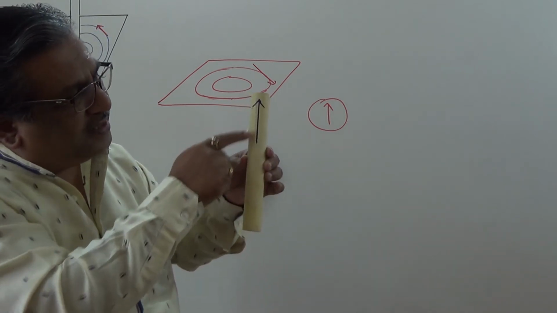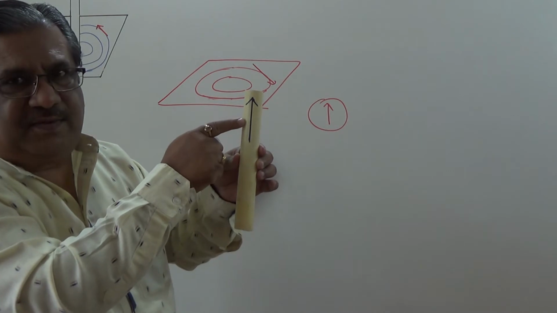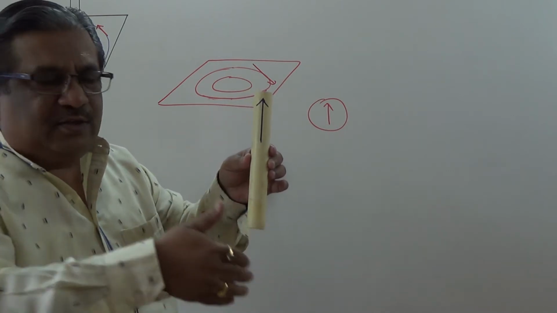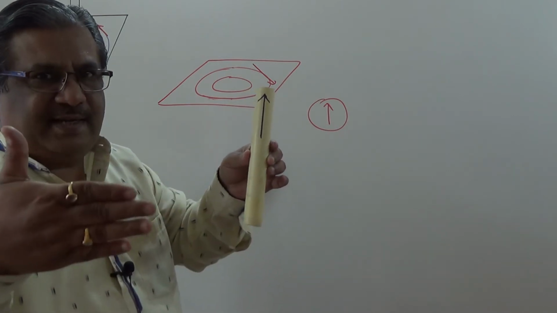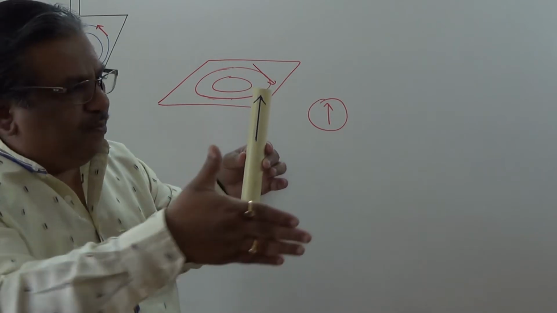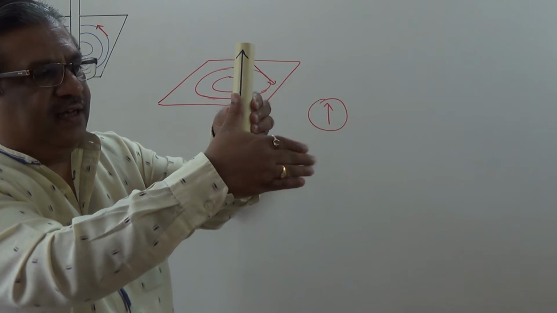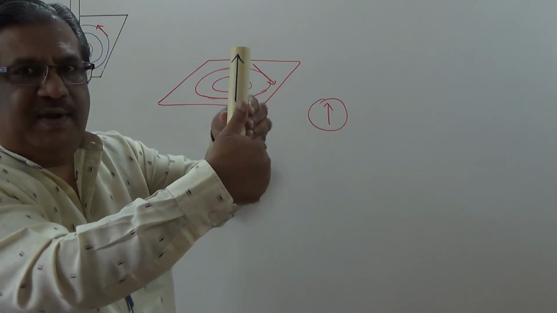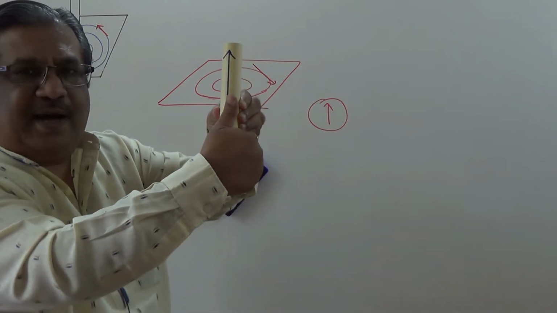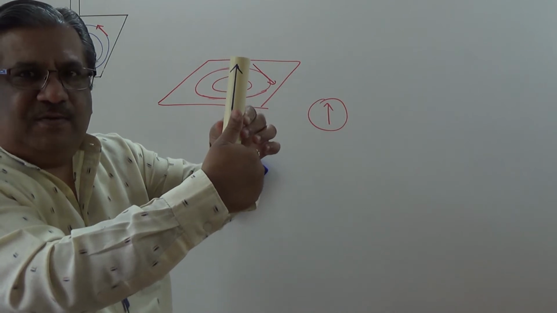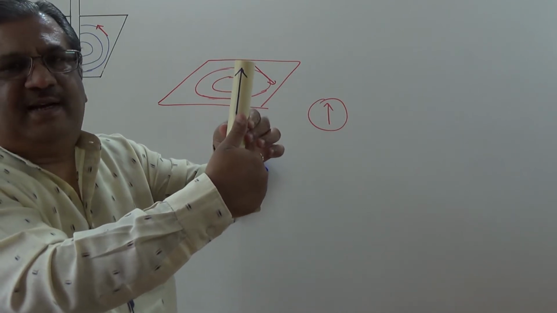Here I have marked this arrow which indicates the direction of the electric current in this conductor. So let me hold my right hand in such a way that the thumb points towards the direction of the electric current. In such a case, the fingers wrapped around the conductor give the direction of the magnetic field lines.